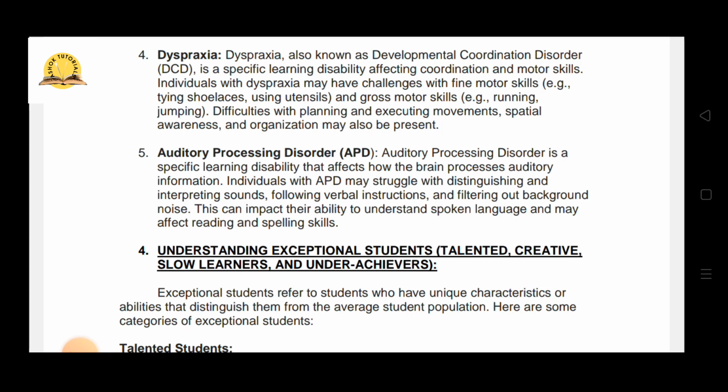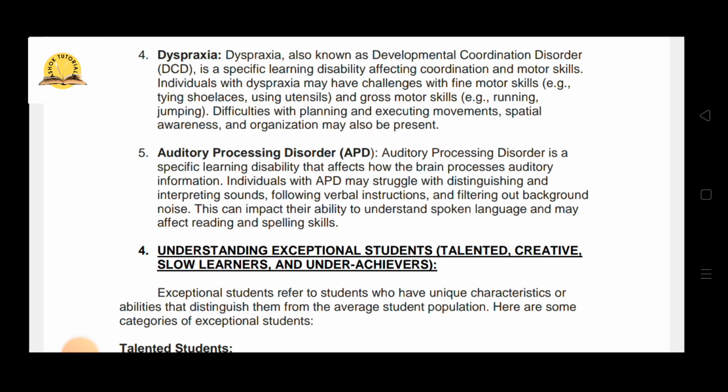So individuals with dyspraxia may have challenges with fine motor skills, for example tying shoelaces, using utensils, right? And gross motor skills, for example running, jumping. I want you to take serious note of these two terms, fine motor skills and gross motor skills. Whenever you hear the word fine motor skills, it means the small muscles of the body which we use to do certain small things.